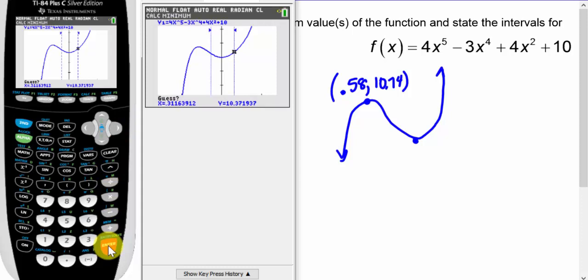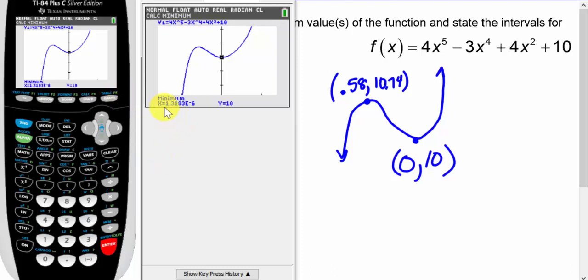Says guess. I'm going to hit enter the third time. And now I've got where this is at its low point. And you'll notice that this time the point's actually in scientific notation. This is 1.3 times 10 to the negative 6th power and 10. So that's basically 0 and 10.